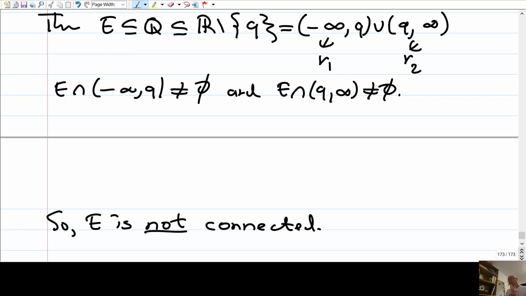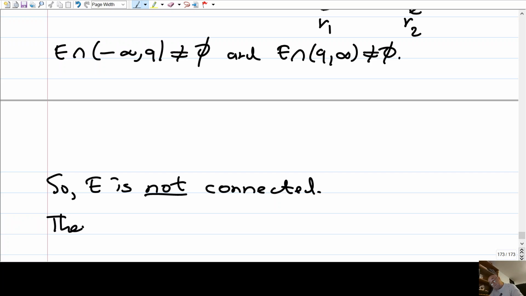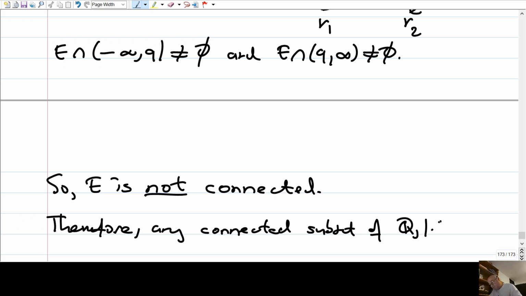So any subset of Q is not connected if it contains more than one element, right? If it contains two or more elements, then it is not connected. Therefore, any connected subset of Q with the absolute value metric must be a singleton.